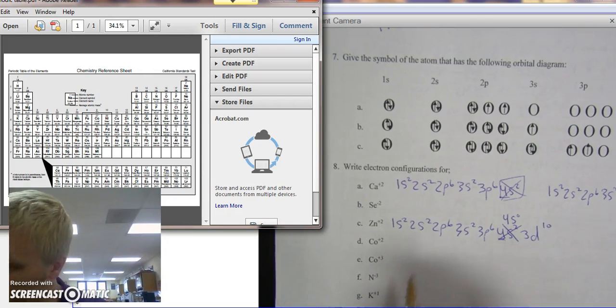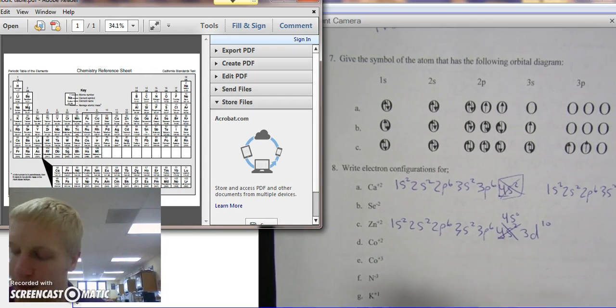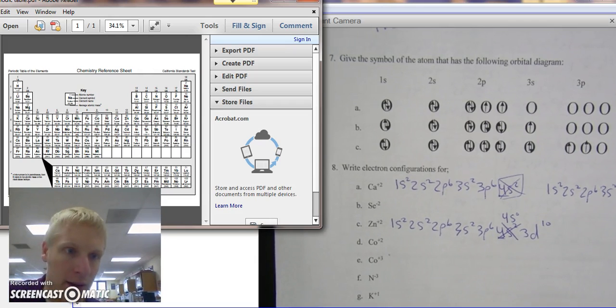Alright, doing one more example, let's do cobalt 3 plus. First of all, it's 1s2, 2s2, 2p6, 3s2, 3p6, 4s2, so it looks just like the previous 2.